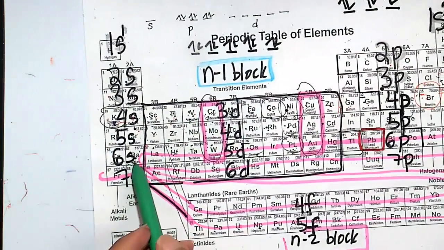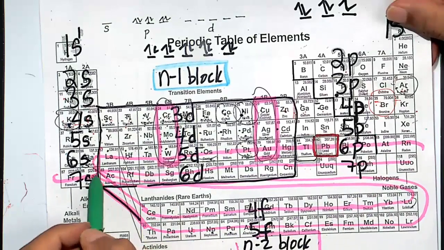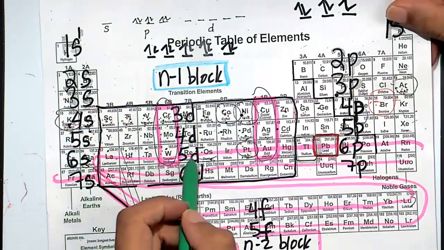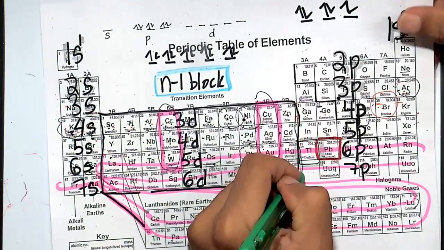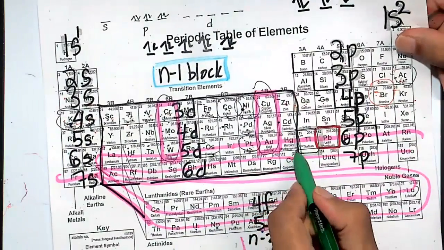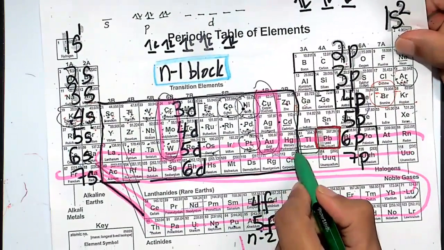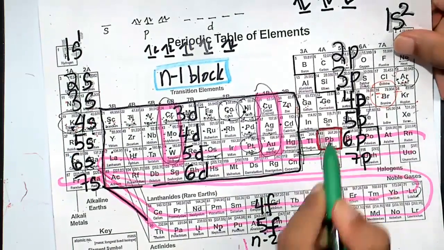And then what? 4f. Boom, boom, boom, boom. 14. Very good. Okay, we're filling after 6s. We fill the 4f. After 4f, where do we go? 5d. All the way up to here is 10, so 5d10. And after 5d10, we go back to 6p, 6p1, 6p2.